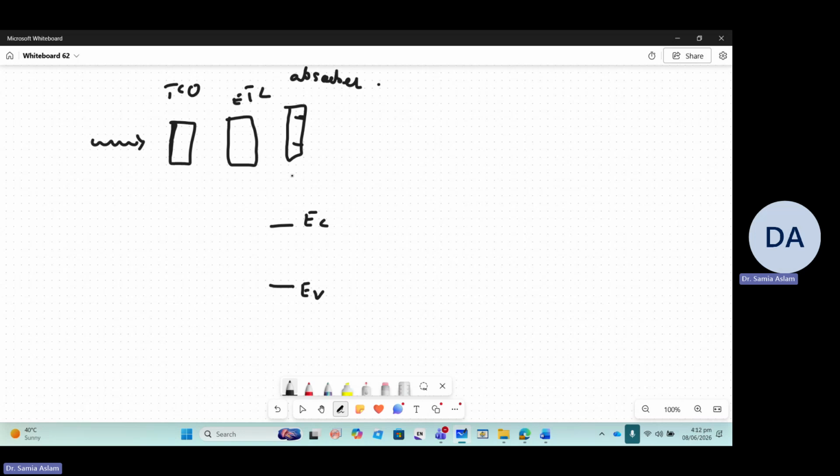Suppose this is the band positioning of the light absorber. Okay, these are the energy levels. Now this ETL will definitely be somewhere here. Okay, and this TCO will be somewhere here.